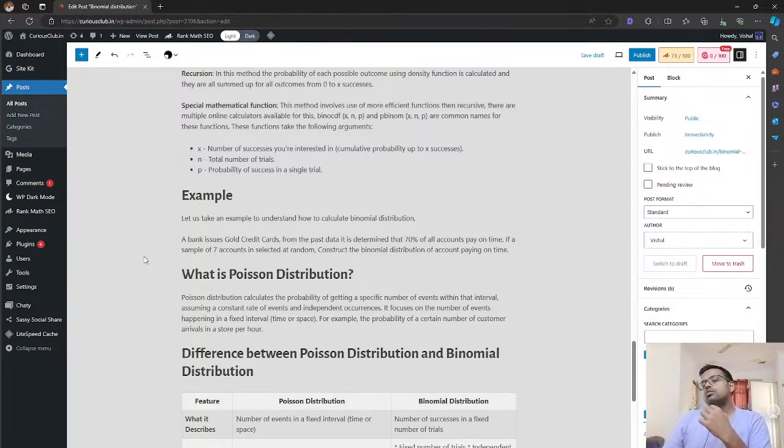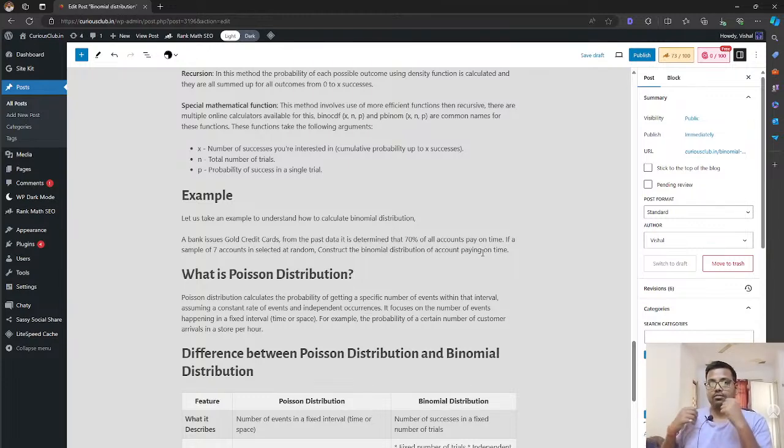Now they are expanding into a new region, so they want to understand the probability. From the past data, it is determined that 70% of all customers pay on time. If a sample of 7 accounts is selected at random, construct the binomial distribution of accounts paying on time. So now you have to construct a binomial distribution.